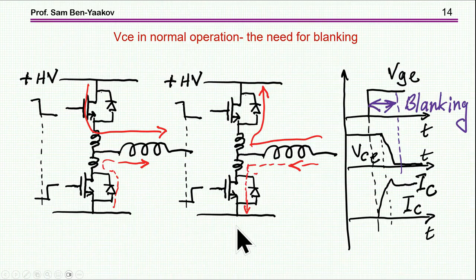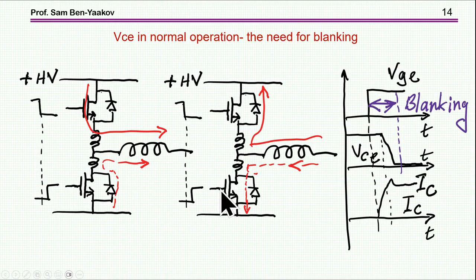Let's take, for example, this case in which the current is coming in, and let's assume that we are in the stage that this transistor is on, so the current is passing through the transistor. Voltage across the lower transistor is high, and then we turn off this transistor so the current is passing through the diode, okay? And then after that time, we're going to turn on this transistor, okay?